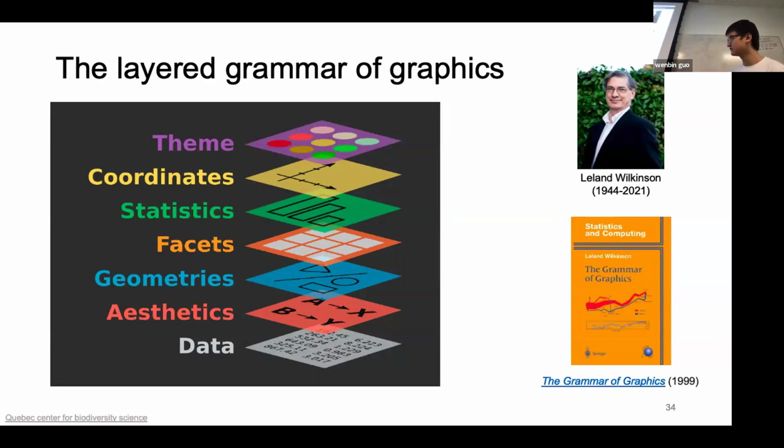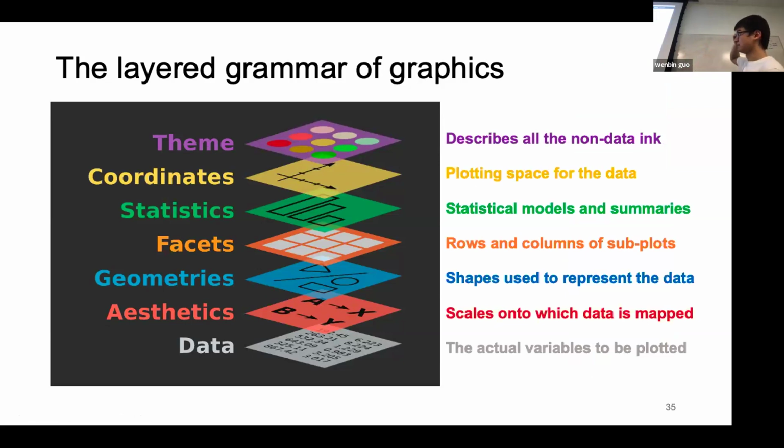It has the data first, and then you define the aesthetic mapping, what is X, what is Y, and then you define the geometries to represent the data and render the figures for you. Then, when you have multiple groups, you may want to split them into different panels with facets, and you have the statistical transformation, coordinates, and the themes. So basically, ggplot is designed based on this layered grammar.